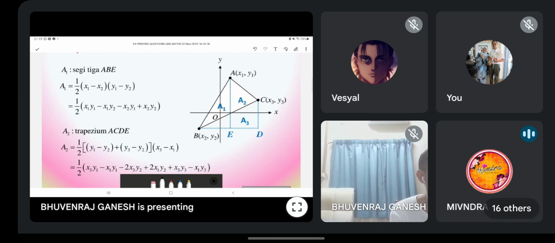Okay, for A, kalau nak senang, kita tuliskanlah koordinat E and D kat situ. E tu x1, y2, coordinate E, x1 and y2, and for D, x3, y2. Kita tulis koordinat supaya lebih senang, tak kalang kabut sebab it would be very long.